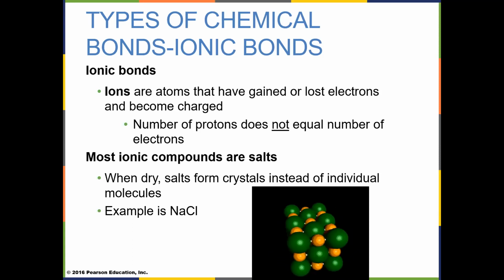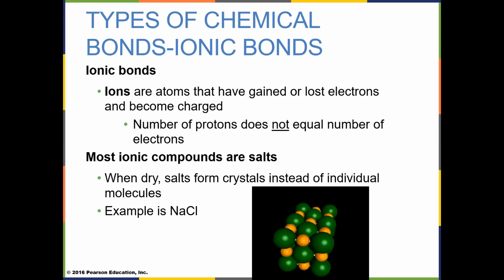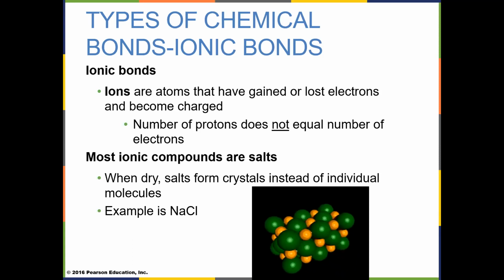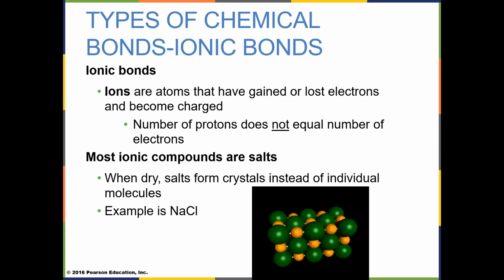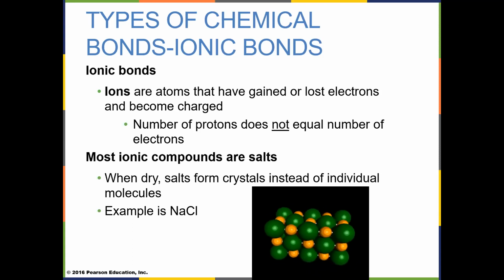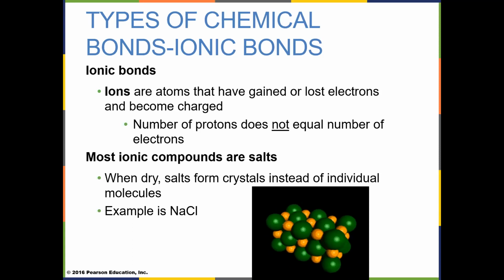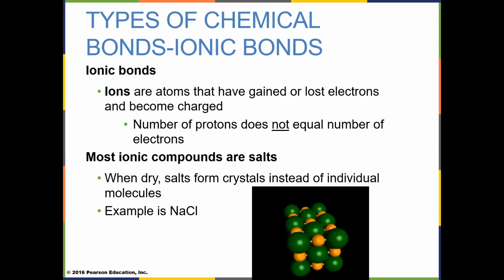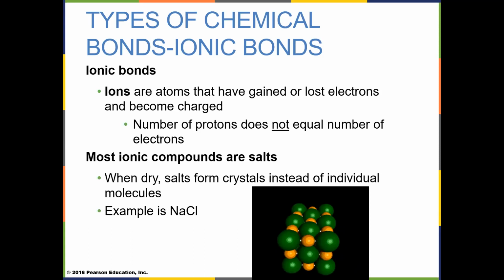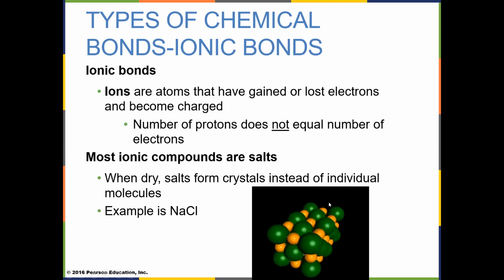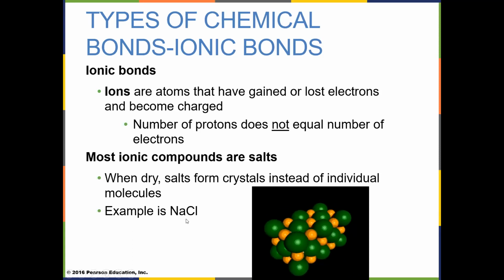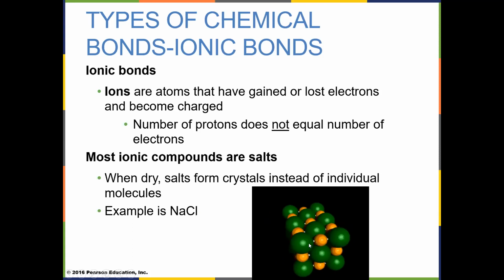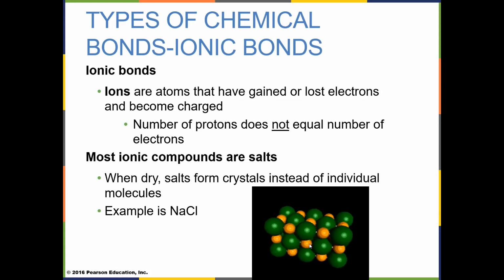And we find ionic bonds occur mostly in our salts, like sodium chloride. And when we have an ionic bond taking place and salts are formed, they don't form as a molecule, they form as a crystal. So salt, here we see sodium chloride, Na for sodium, Cl for chloride, forms a crystal that looks a lot like this.